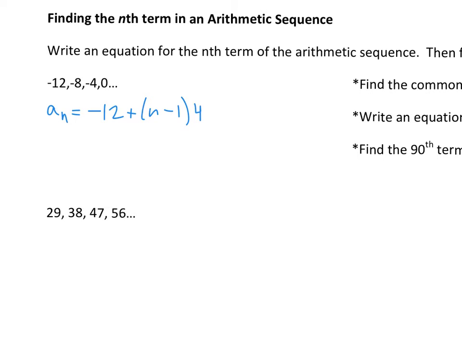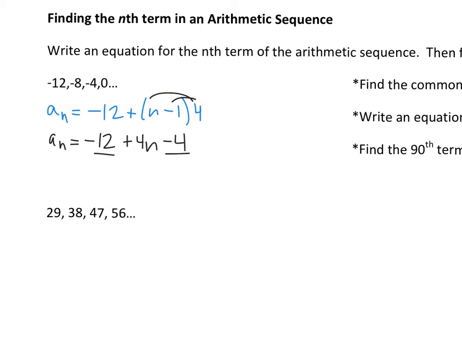So now if I take that a step further, I get a sub n equals, I'm going to distribute this 4 to everything inside the parentheses. Even though it's written after the parentheses, that still represents the distributive property. So I have negative 12 plus 4n minus 4. Combine your like terms of negative 12 and negative 4 and get negative 16.